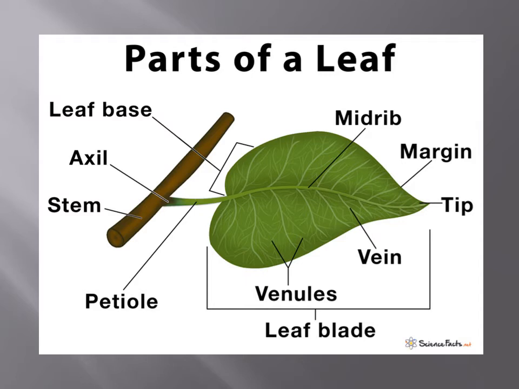First one, you can find here a leaf base, the outline, okay, and then the leaf blade, you can see here, and then the midrib, the main vein you can see inside the leaf. Okay.